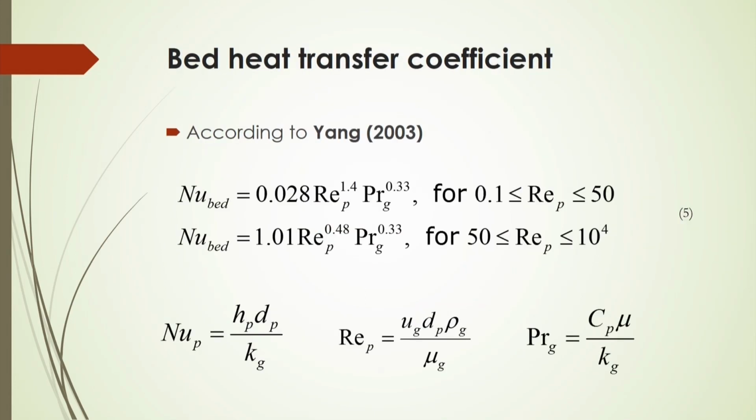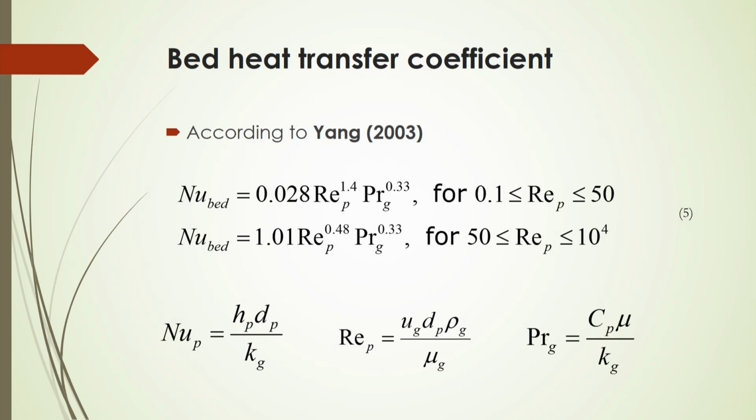Now, according to Young 2003, they have proposed two correlations within two operating ranges to predict the heat transfer coefficient from their experimental data.